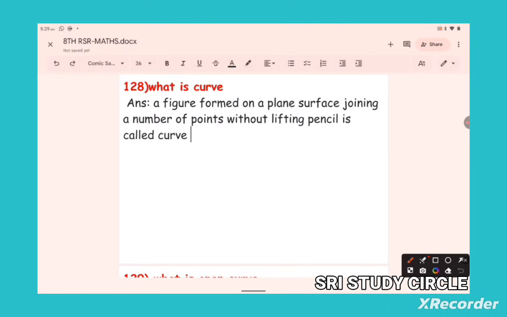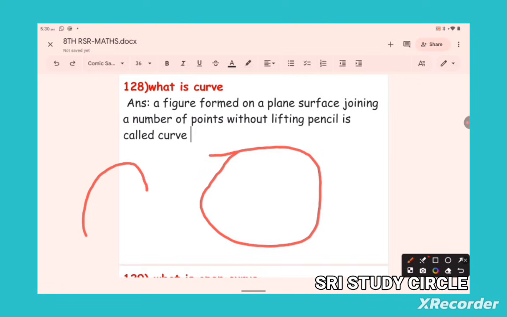A figure formed on a plane surface by joining a number of points without lifting the pencil, this is known as a curve. Okay.